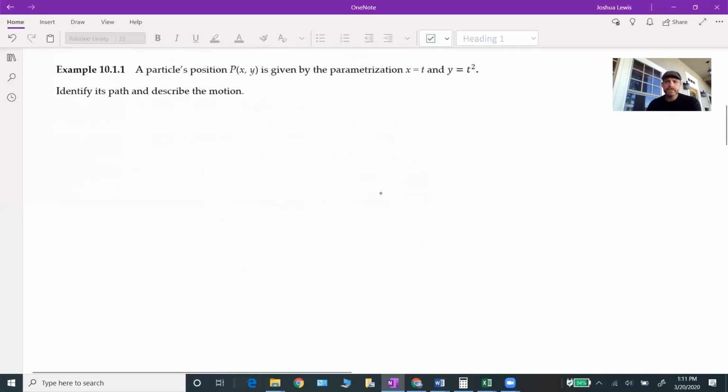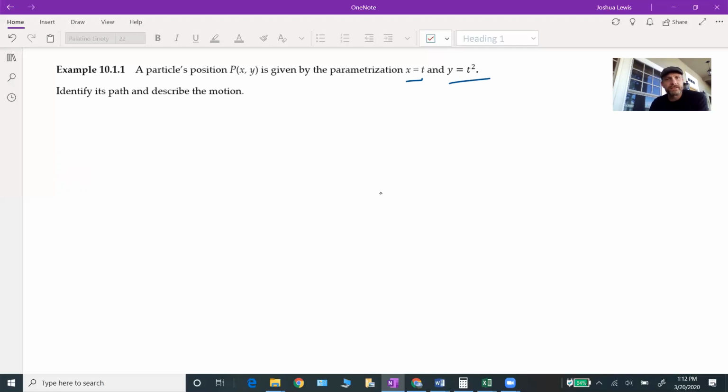Okay. So here's an example. Let's say that we have some particle, and here is its parametrization. Notice the parameter is t. We have x equals t, y equals t squared. Let's identify its path and describe the motion.